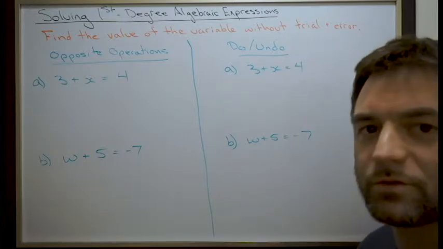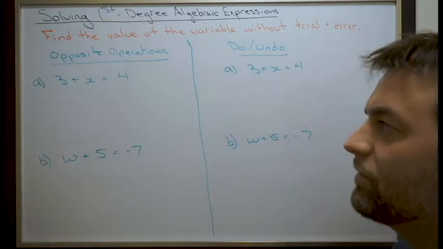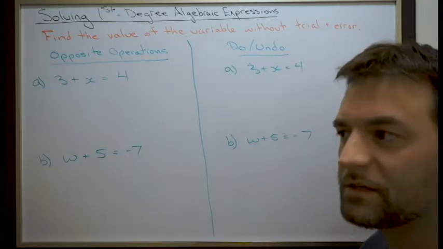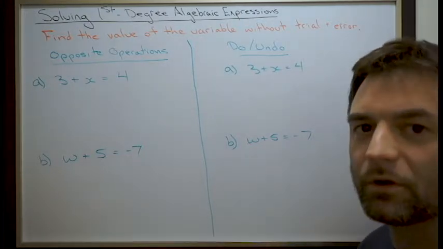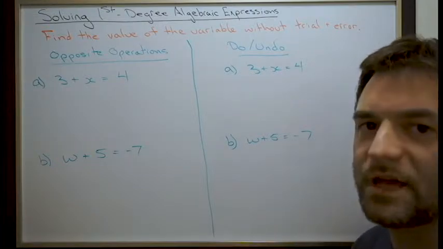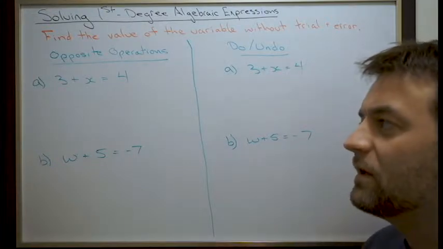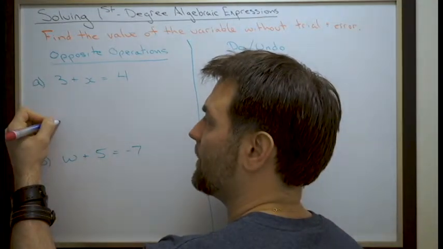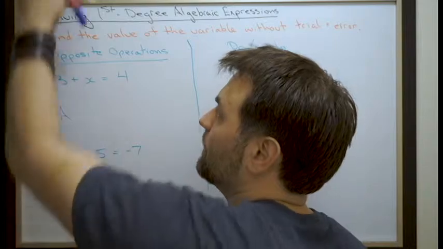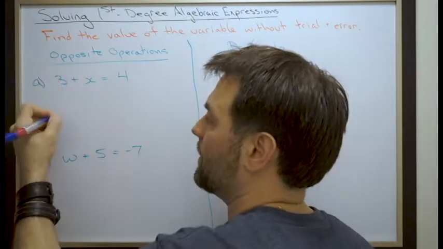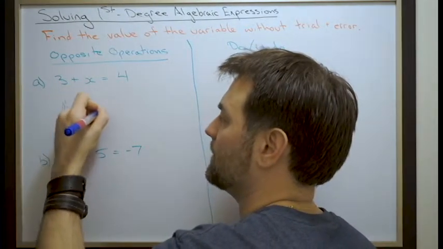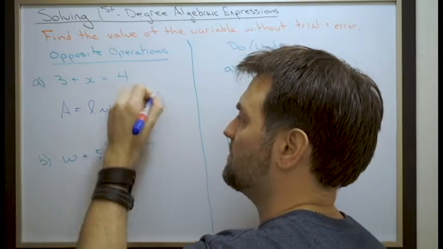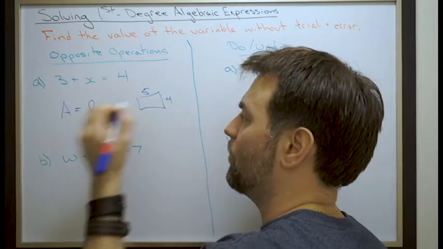So the goal here when we're trying to do these questions is solve for x. We want to know what x or w is. Whatever that missing letter is, we want to know what number it actually represents. And if you think back to our examples we did earlier with area, where we had area equals length times width, and we said, well, L and W were, say, 5 and 4.